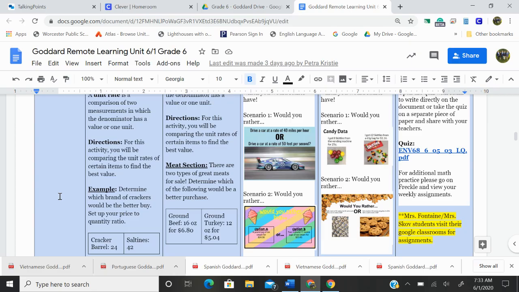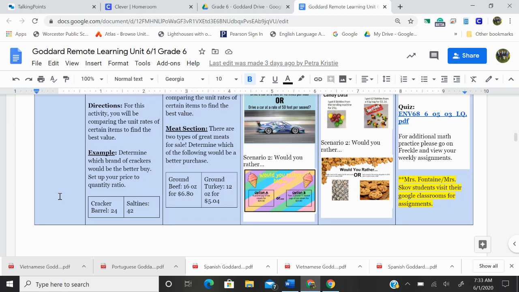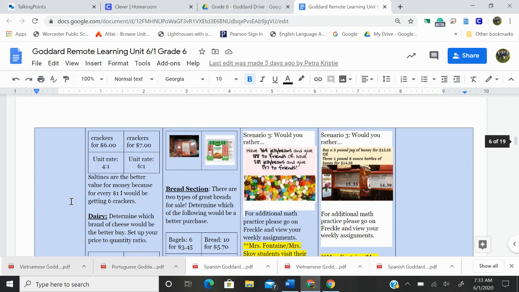Set up your price to quantity ratio. So we have Cracker Barrel and your saltines. Your unit rate is 4 to 1, 6 to 1. Saltines are the better value for money because for every $1, I would be getting 6 crackers.